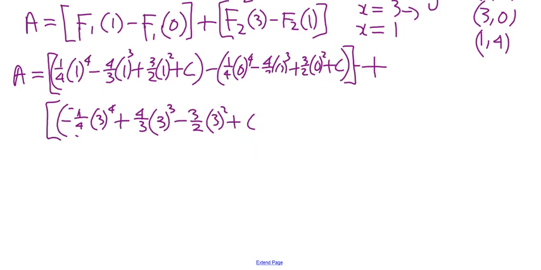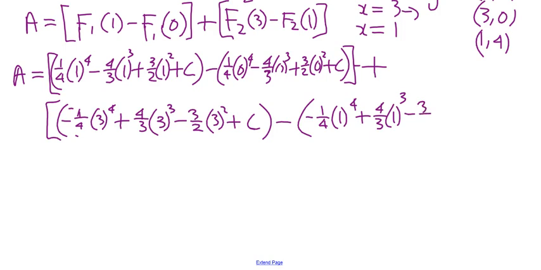Oh, I did. Minus, okay, and then we do minus 1/4 of 1 to the 4th plus 4/3 of 1 cubed minus 3/2 of 1 squared plus c, square bracket.